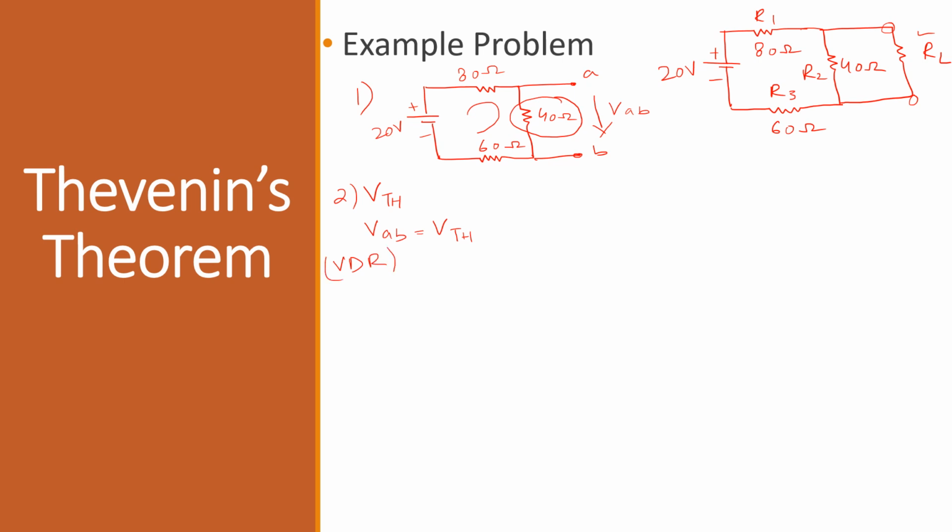From the voltage divider rule, we know that Vx is equal to V multiplied by R divided by R equivalent. Here this V is 20 volts, this R is 40 ohms, and since R1, R2 and R3 are connected in series, therefore this R equivalent will be 80 plus 40 plus 60.